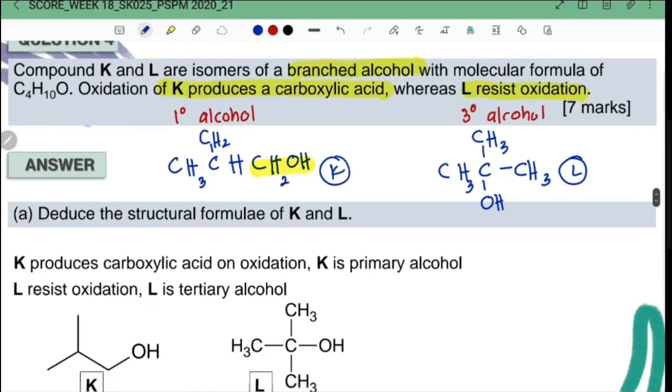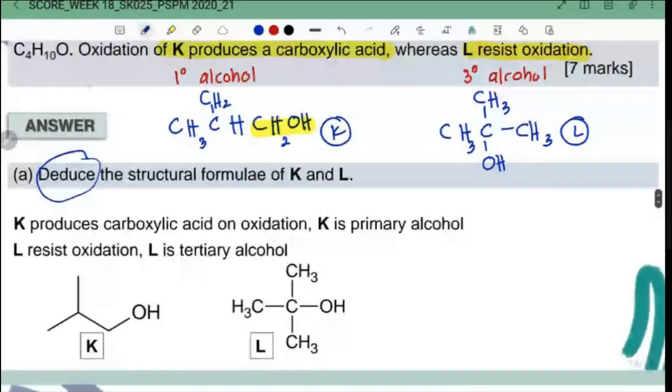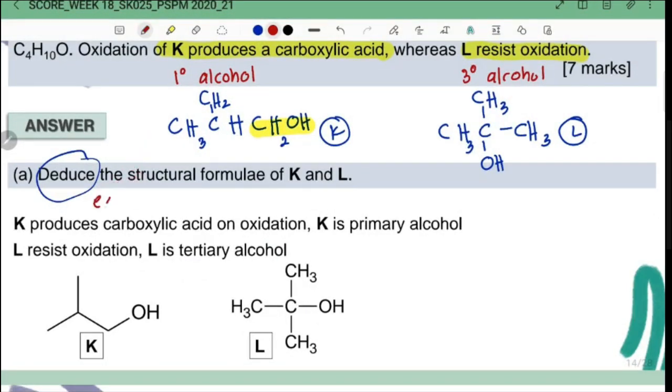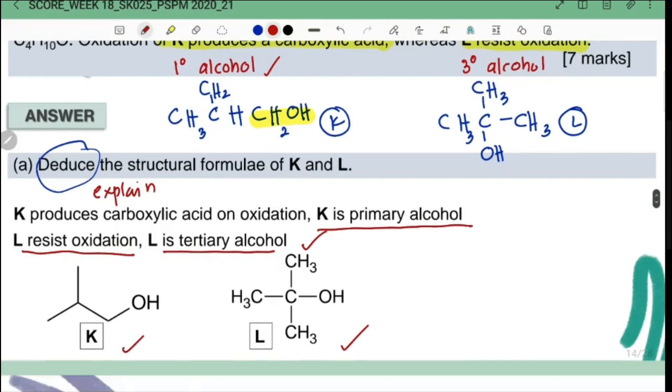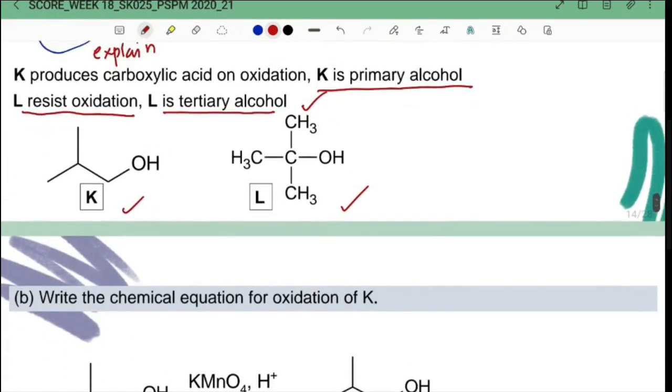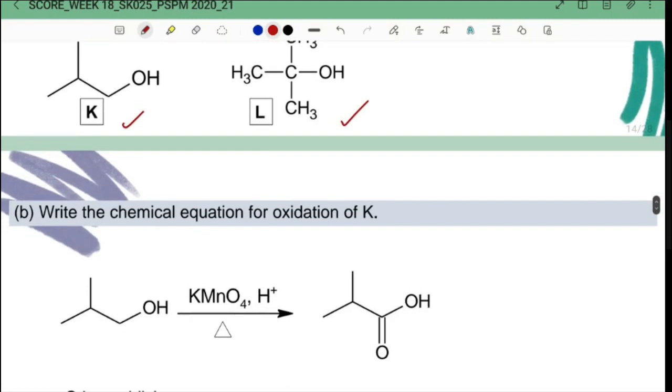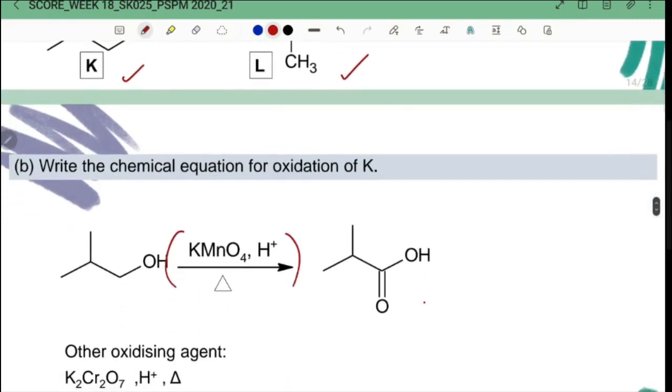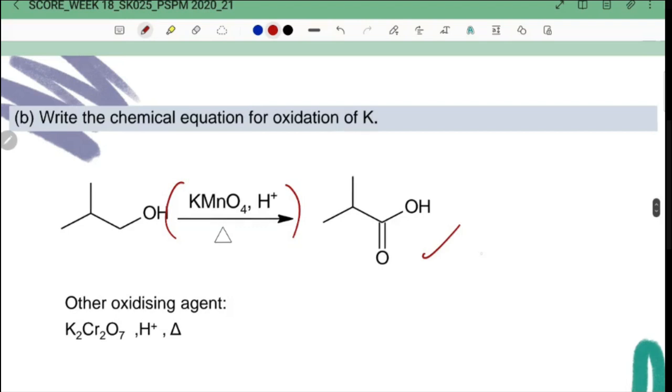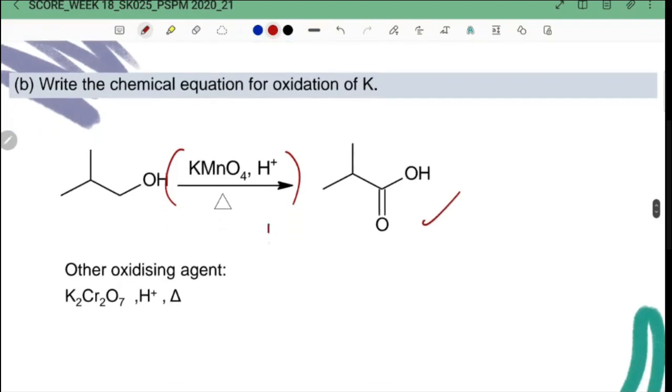Okay, when the question asks you to deduce, you have to explain. K produces carboxylic acid on oxidation, so K is a primary alcohol. L resists oxidation, so L is a tertiary alcohol. And then the structure of K and the structure of L. Okay, 4 marks. Next, write the chemical equation for the oxidation of K. So K, KMnO4, and produce carboxylic acid. Okay, 1 and 1.